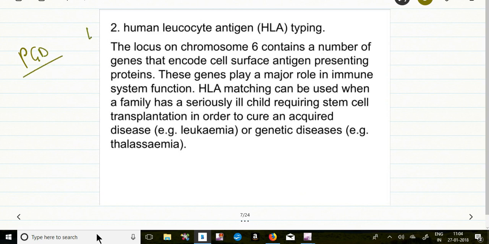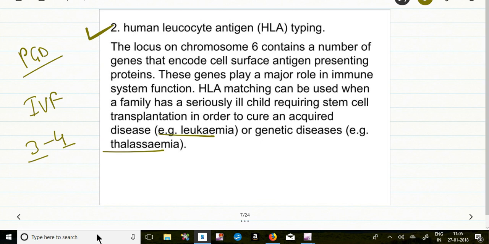Another important indication for PGD is HLA typing. Now suppose in the family they already have a baby who has a major condition like leukemia or thalassemia and requires stem cell transplant and doesn't have any matching HLA donor. So what you do is you call the couple, you do an IVF, you get 3 or 4 embryos, out of which you're going to select the embryo which is HLA matched with the baby who needs stem cell transplant.